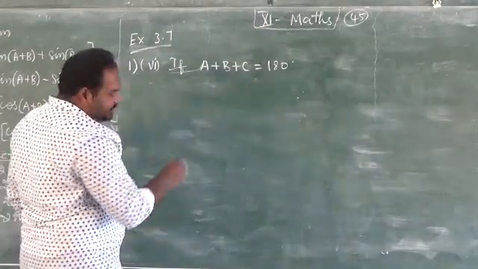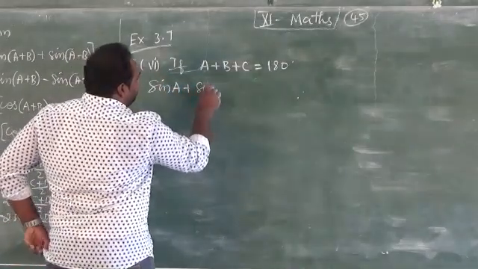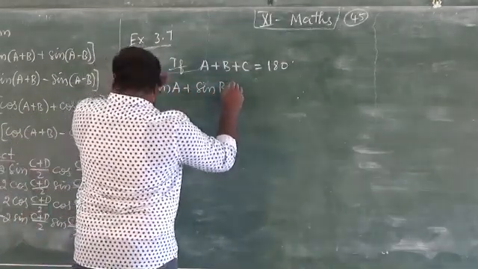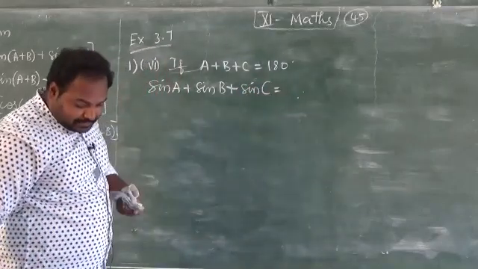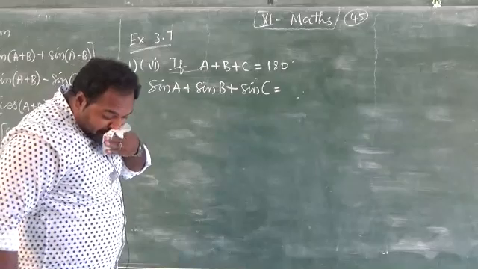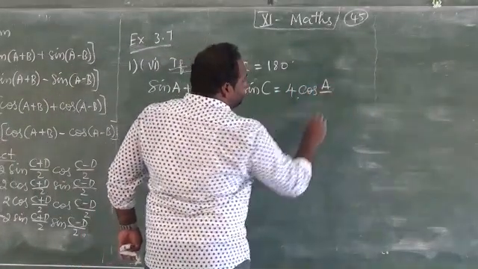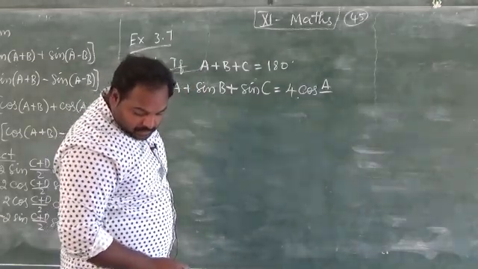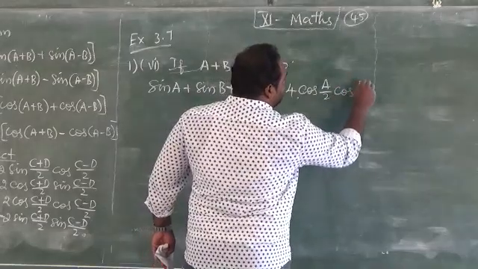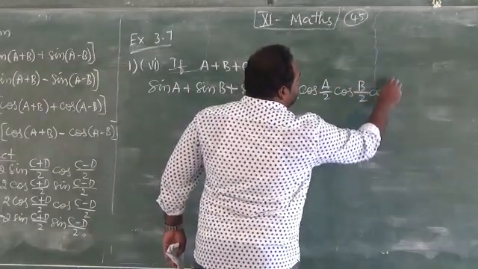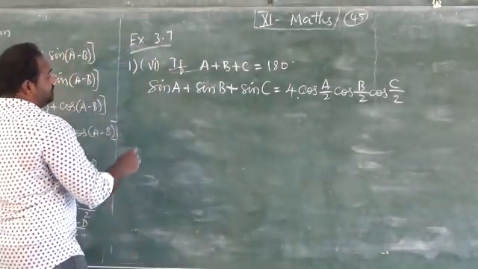Question is sin A plus sin B plus sin C equal to 4 into cos A by 2, cos B by 2 and cos C by 2. Same thing. Here I am going to take LHS and prove RHS side.